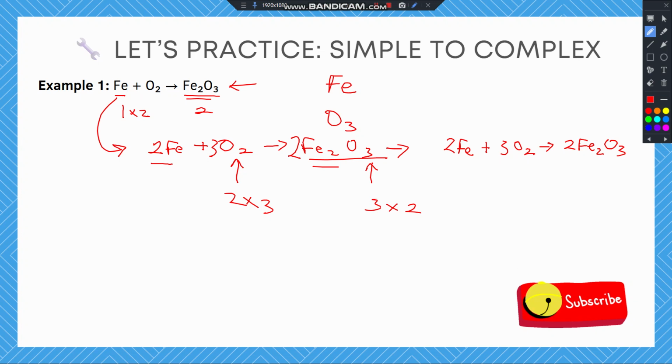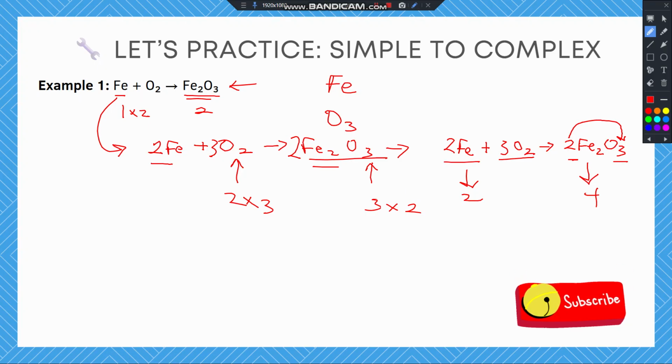So now let's check out each element to see if they are balanced. Oxygen is balanced with 6 atoms on the left and 6 on the right because of this coefficient of 2 that affects the subscript of 3. How about iron? We have 2 atoms of iron on the left and we have 4 atoms of iron on the right. So what does that tell us?